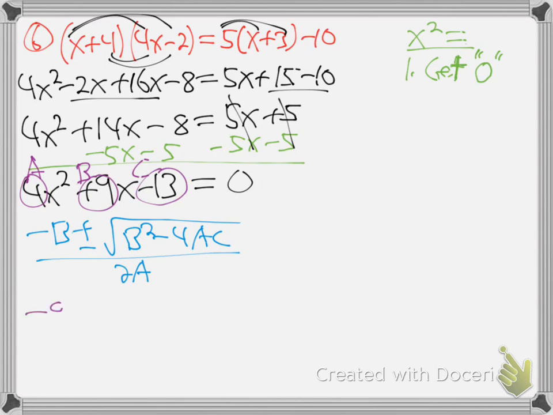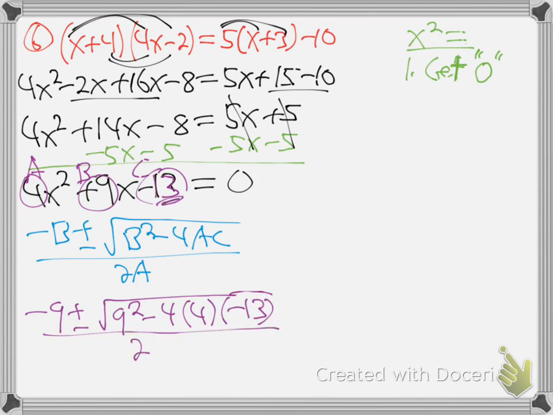So negative 9 plus or minus square root of 9 squared minus 4 times a times c, which, sorry, my c's don't look very good. That c is minus 13, all over 2a, 2 times 4.